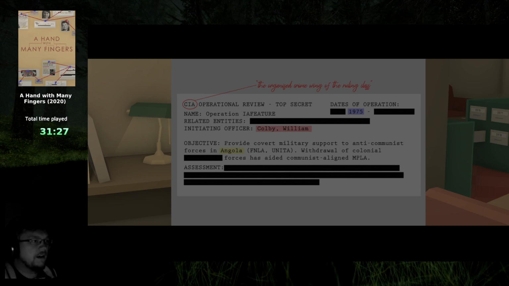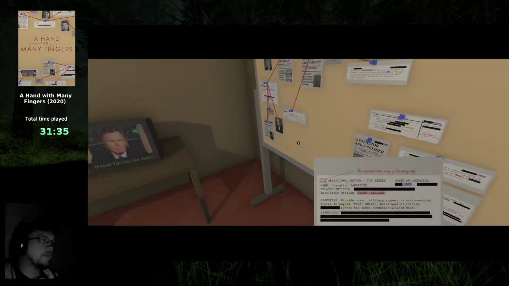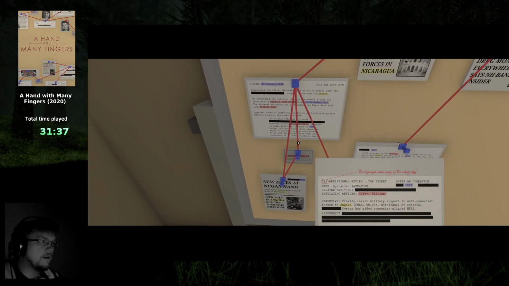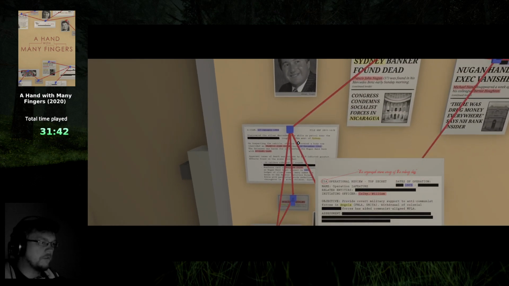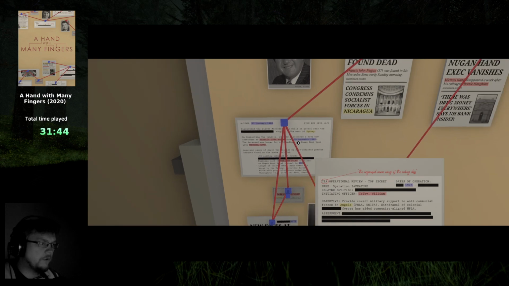Operation Aya feature. Initiating officer Colby William. But so Colby was working with the CIA. Colby was also... what was his role in all this?